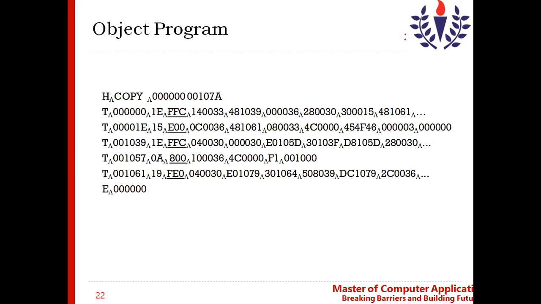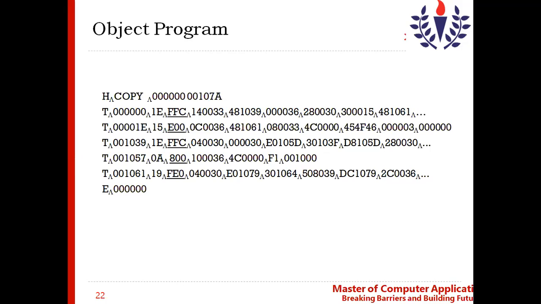So if you look at the object codes 140033, 481039, then 4036, then 280030, these 4 object codes require modification because each bit from the F has the value 1. So 1 represents modification is required. So the modification is required for the first, second, third, and fourth object codes.